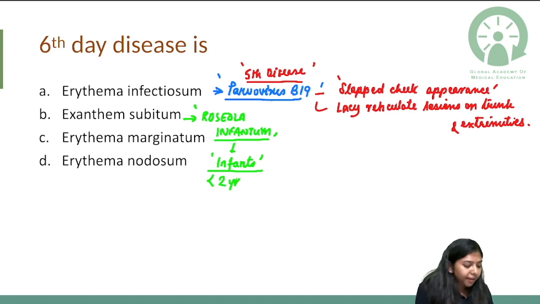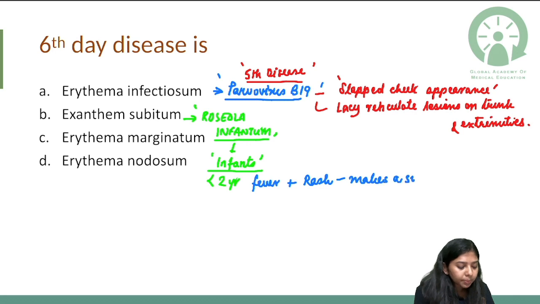So the patient will have fever, right? And as soon as the fever subsides on third or fourth day, then the patient is expected to improve. But then there is a surprise appearance of the rash, which is why it is called exanthem subitum. Exanthem is a rash and subitum is surprise appearance. So fever plus rash, and the rash makes a surprise appearance as soon as fever subsides.